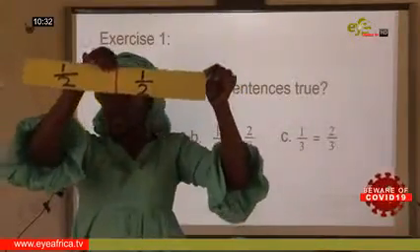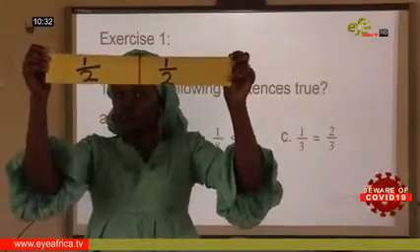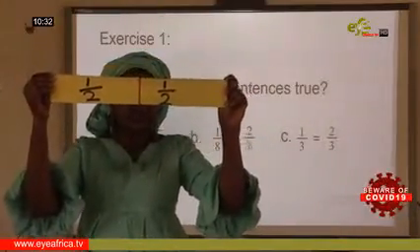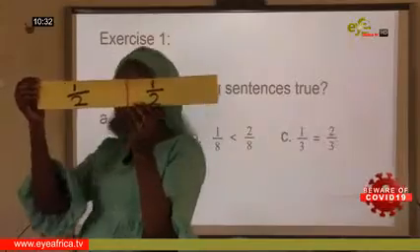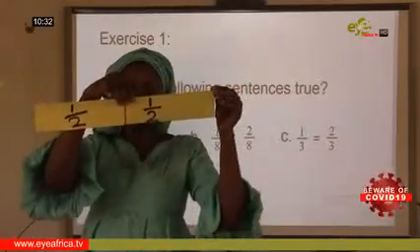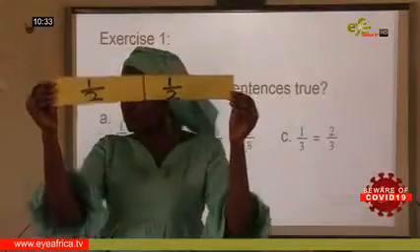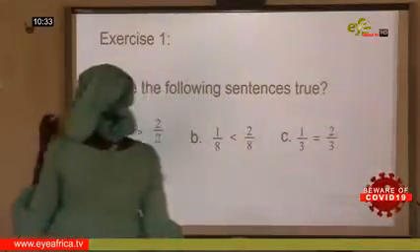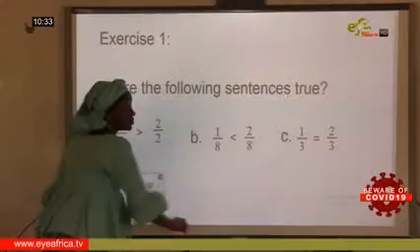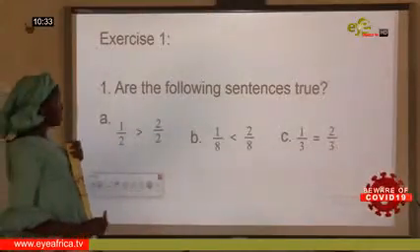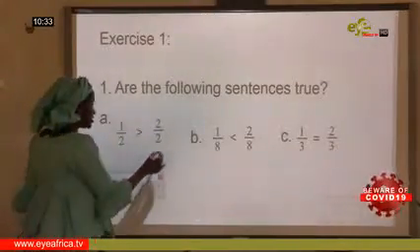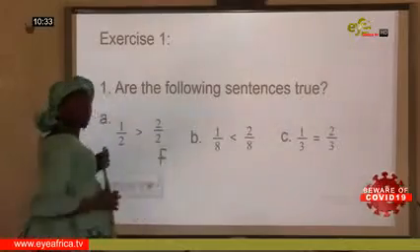When we are here, we are at 2 over 2, which is a whole. So the question is telling you half is greater than 2 over 2, which is a whole. Is it true? It is not. It is false.